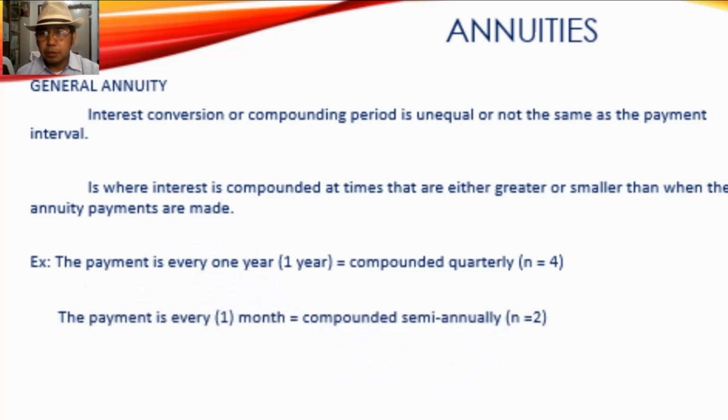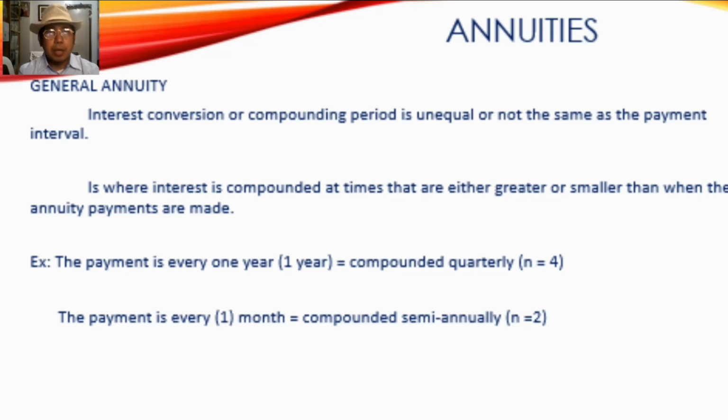Another example in here is, what if your payment is every month and the conversion period is compounded semi-annually? Now the question is, how many times will you be paying in a year? So you will be paying 12 times in a year. But what about the application of the interest rate?